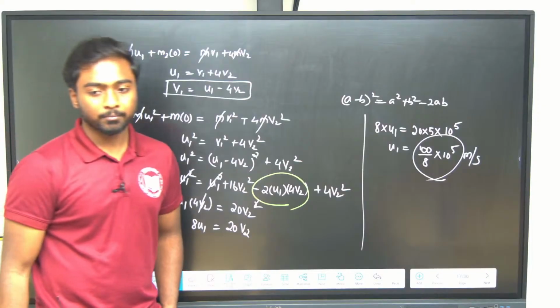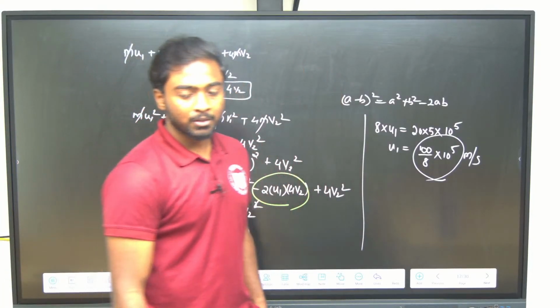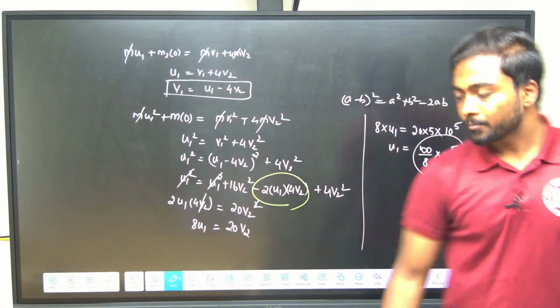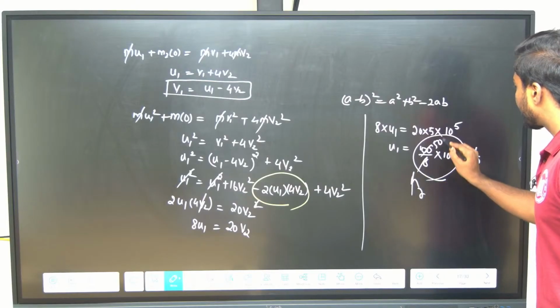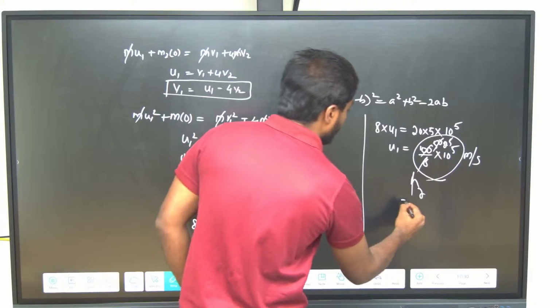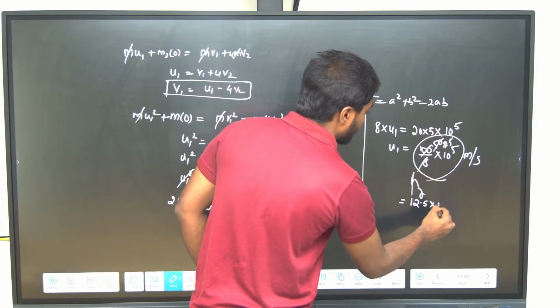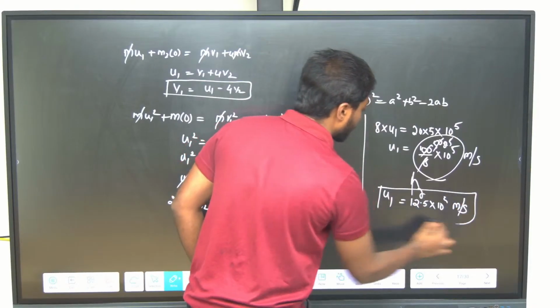How much will it come? 12.5 into 10 power 5 meter per second. This is my answer. You can take it down.